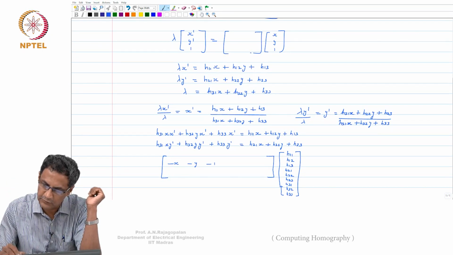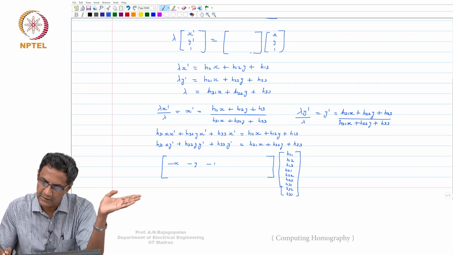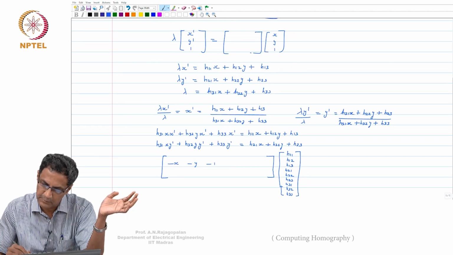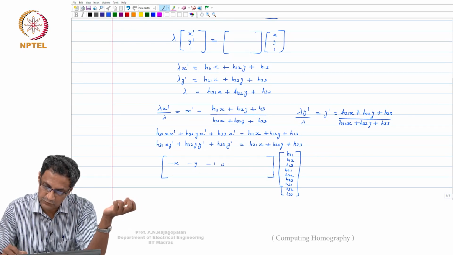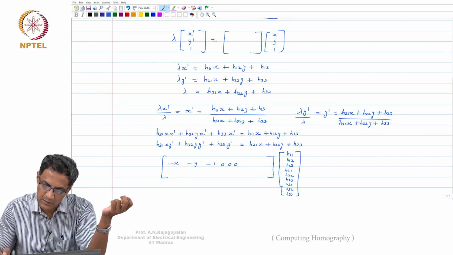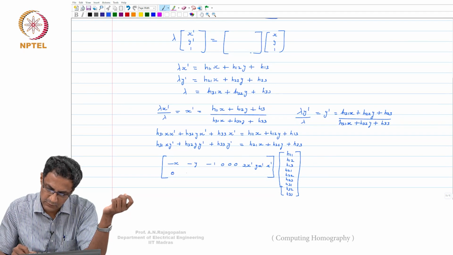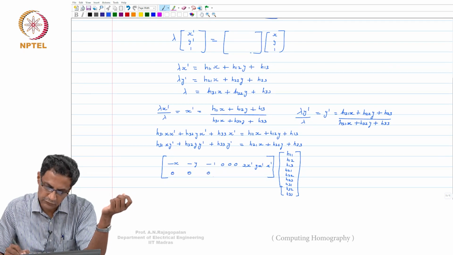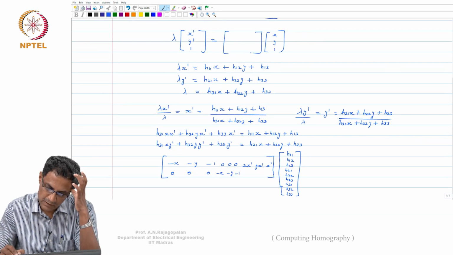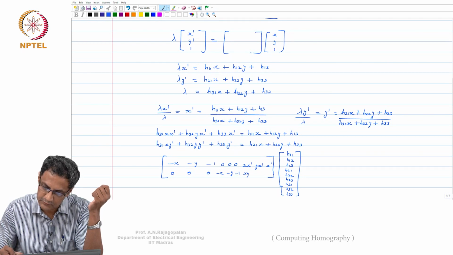So what have you got? h11 x, if you pull it to the left side, becomes minus x, then h12 is multiplied by minus y, h13 is multiplied by minus 1, then h21 has nothing, so 0 0 0, and then h31 is xx', h32 is yx', and h33 is x'. Similarly, for the other equation, for h11 there is nothing, so 0 0 0, and then h21 is minus x, minus y, minus 1, and h31 is xy', which is x into y'.